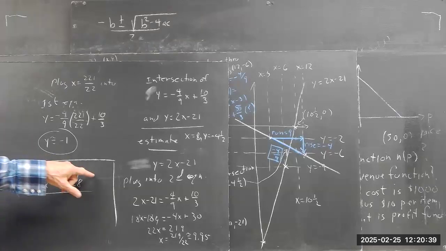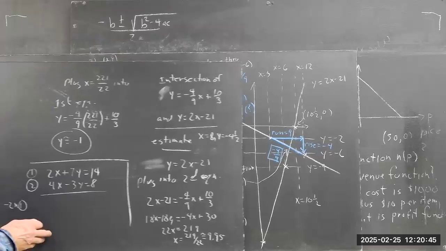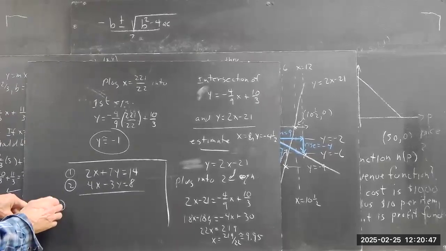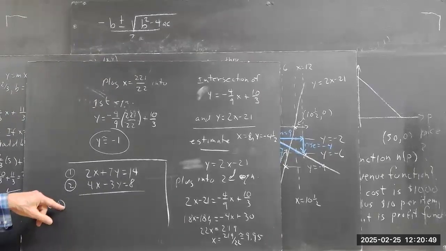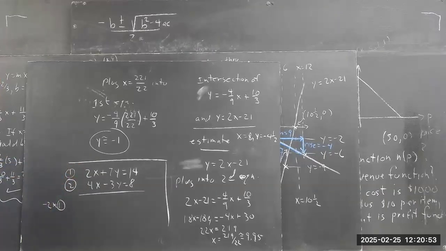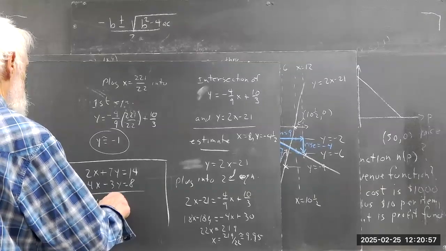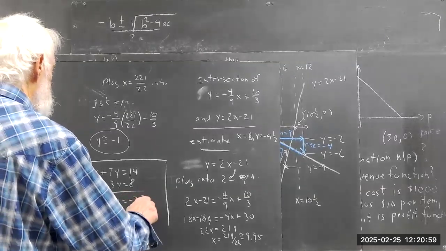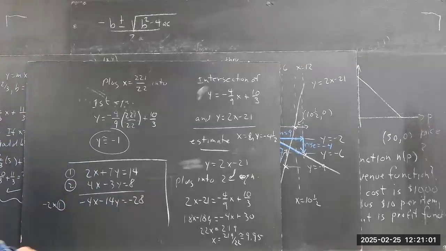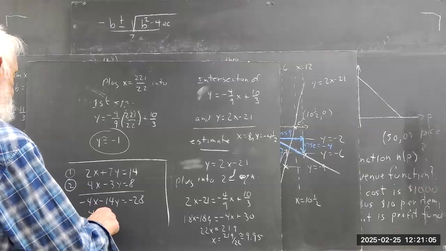If I multiply everything in equation 1 by -2, I get -4x minus 14y equals -28. And my second equation, I'm going to leave the same.